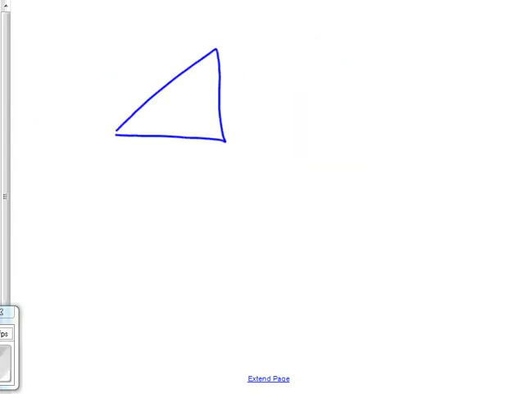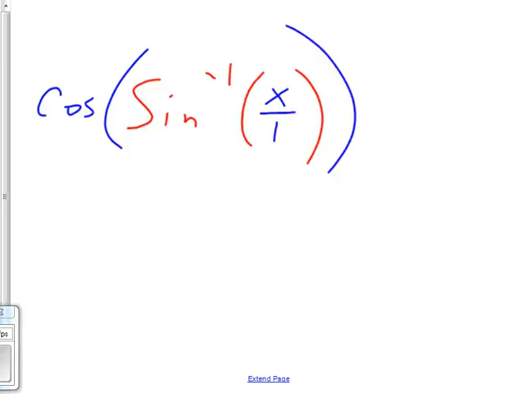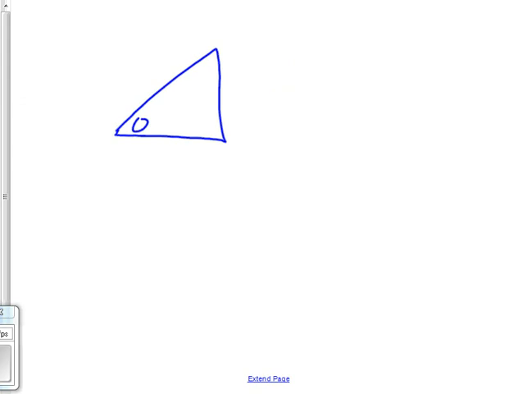Here's a triangle. Do you get how I can make one of these sides x and one of these sides 1? So if I'm going to make this sine, where x is the opposite over hypotenuse, it's like the sine of theta equals x over 1. Opposite is x, and the 1 is the hypotenuse.